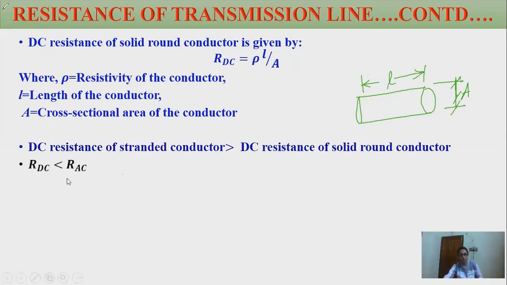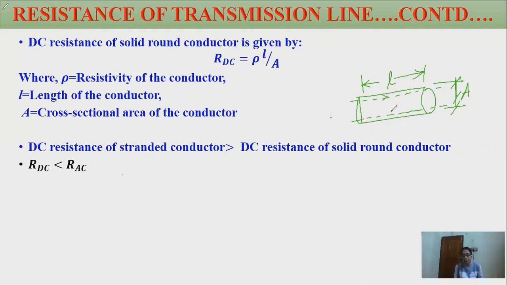Next, R_DC is less than R_AC, because if the AC supply is applied across the conductor, then the current has the tendency to flow through the surface of the conductor or near the surface of the conductor.